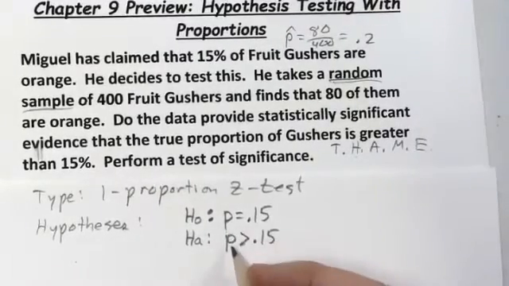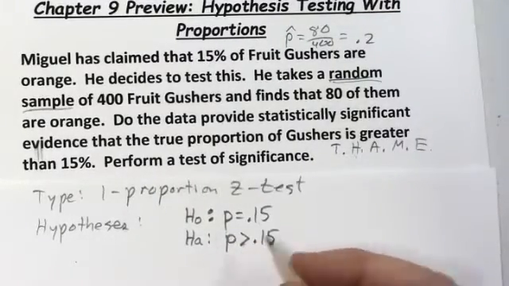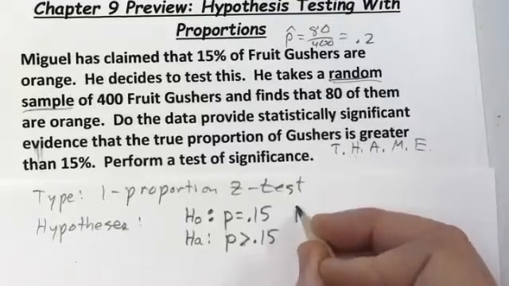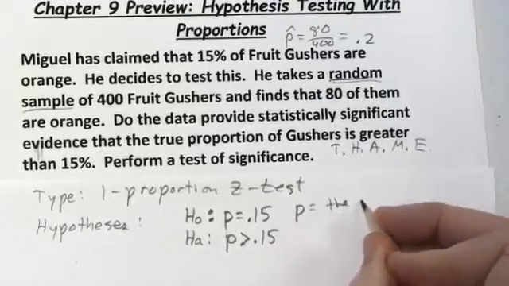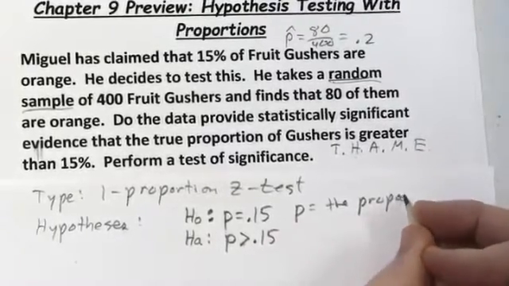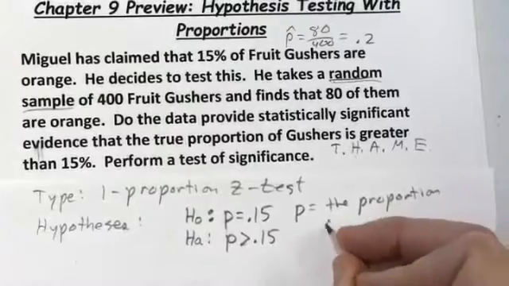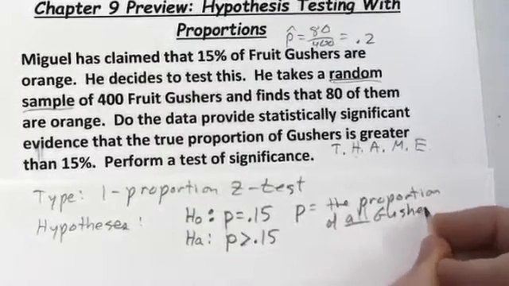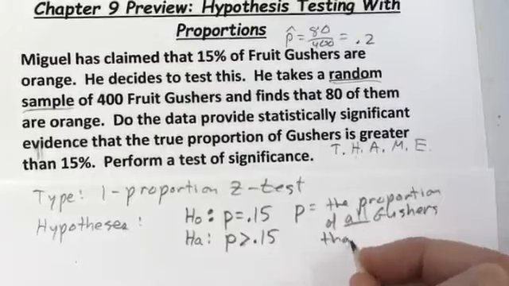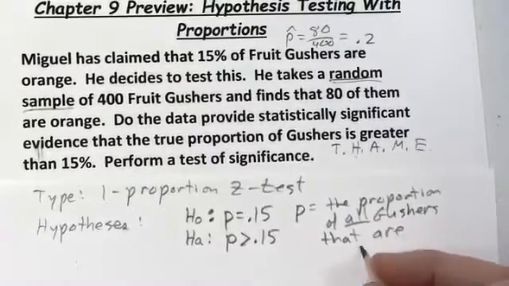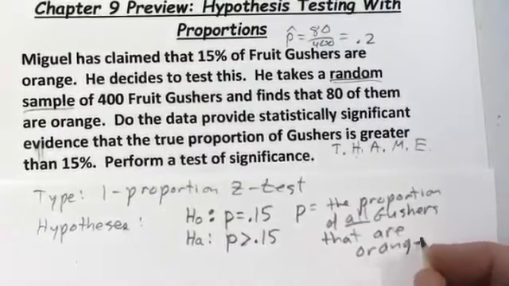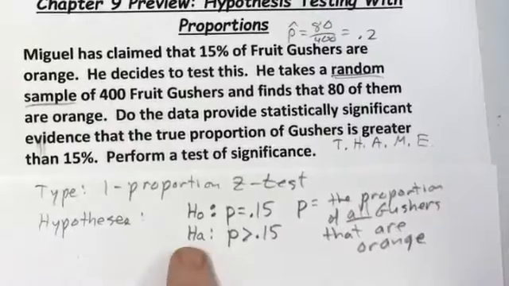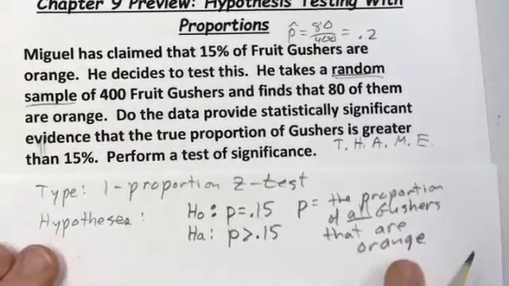And then you have to define p. Anytime you write a variable, you need to define what it is. p is equal to the proportion of all gushers that are orange. So there we go. That's how you do your hypotheses, and that's new for us.